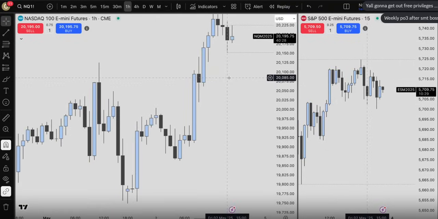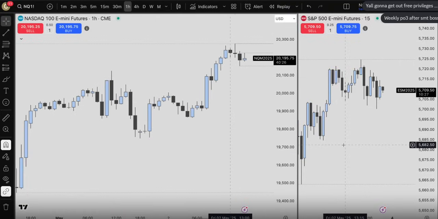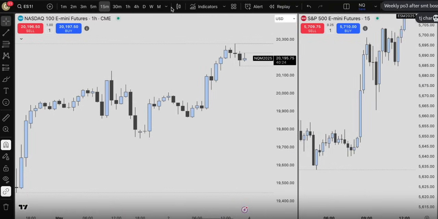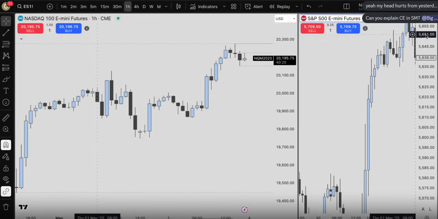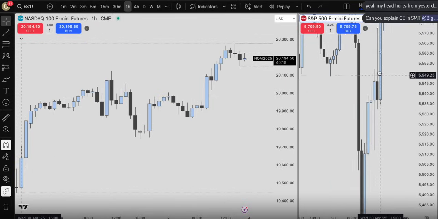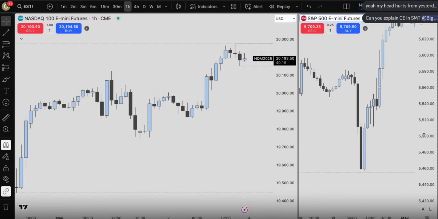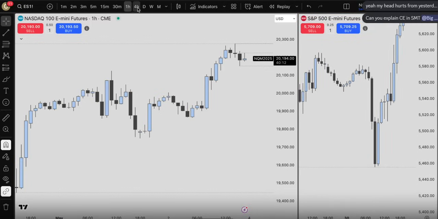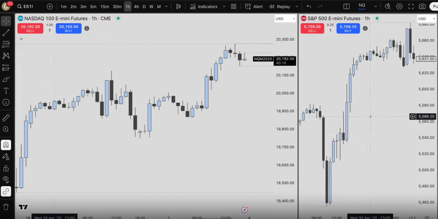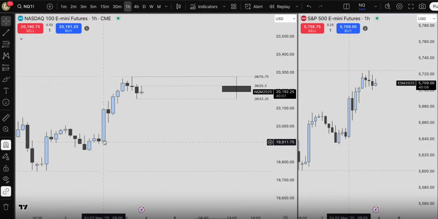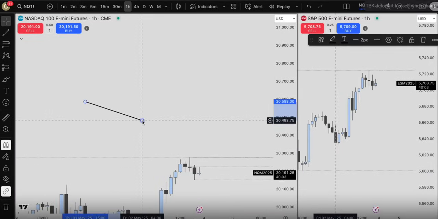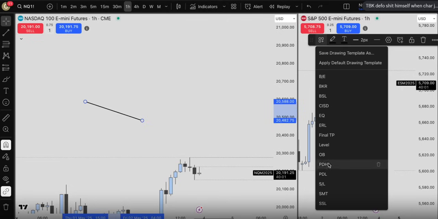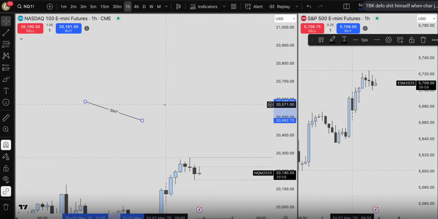All right? So, if we're here, let's say we're on the 1 hour. Okay, I'm not going to look for a spot because it's going to take me too long. But for example, let's say we have a 15-minute bullish SMT.